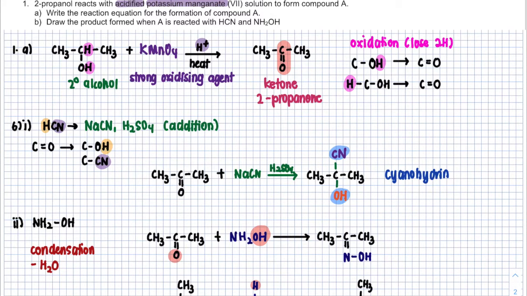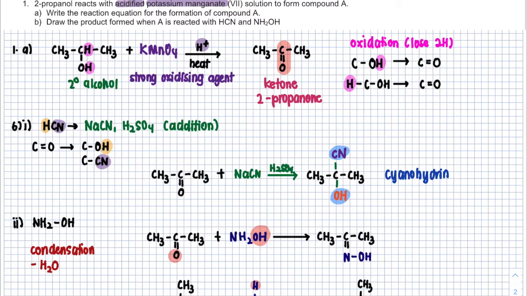So HCN, the reagent is from sodium cyanide as well as an acid. For the carbonyl, it will undergo nucleophilic addition. What happens here is that the C double bond O, we will add 2 atoms: first we add our H and CN.